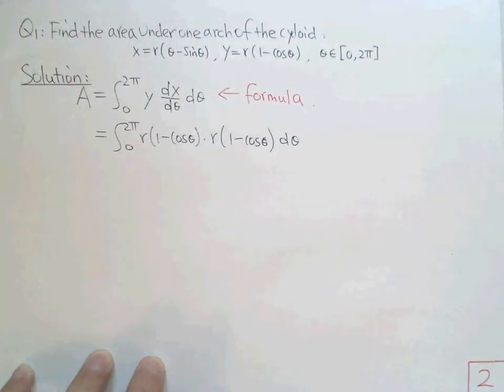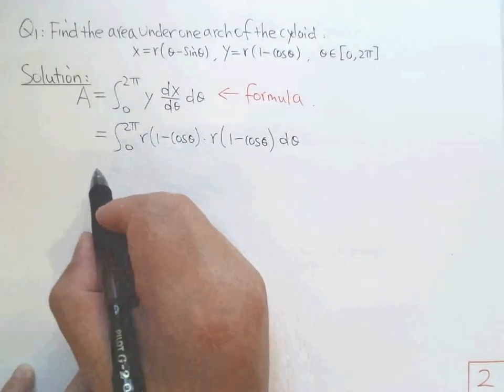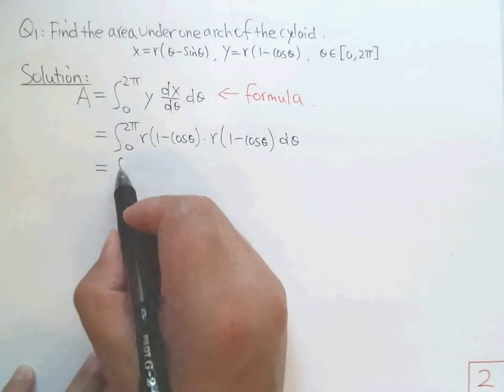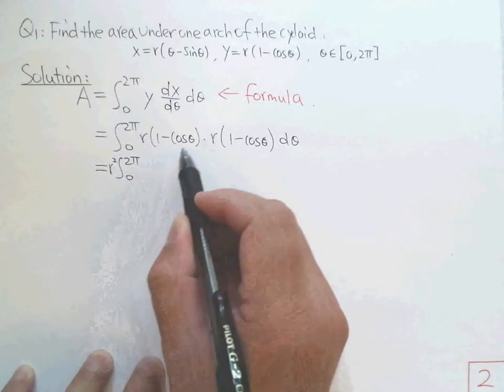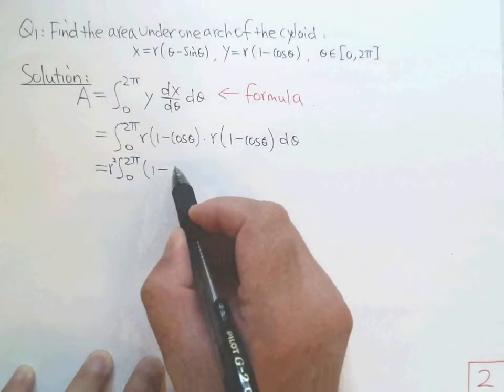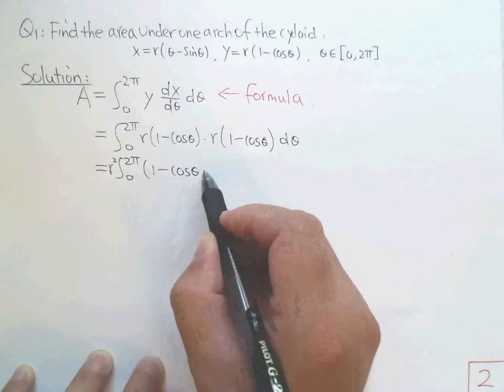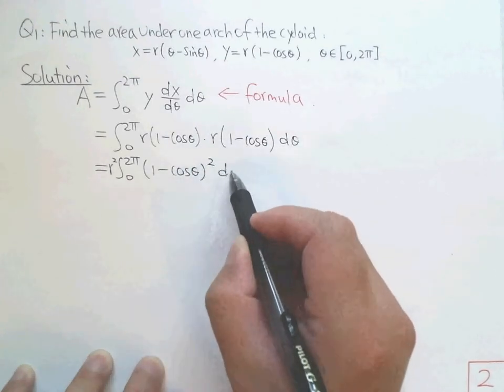Now we can simplify a little. R times r is r squared, so I pull r squared out, from 0 to 2 pi, and the inside is a perfect square, 1 minus cosine theta squared, d theta.